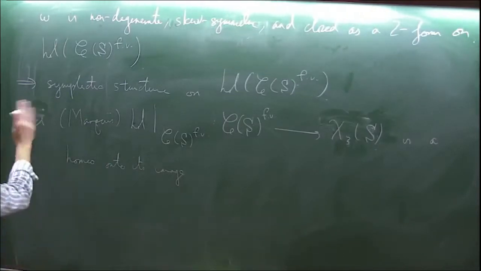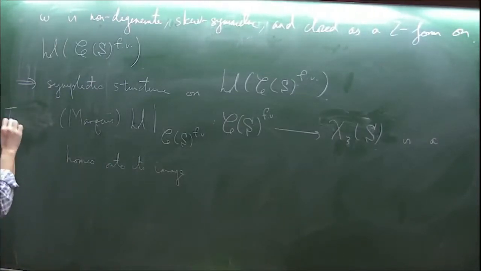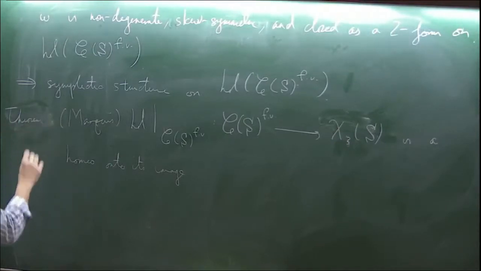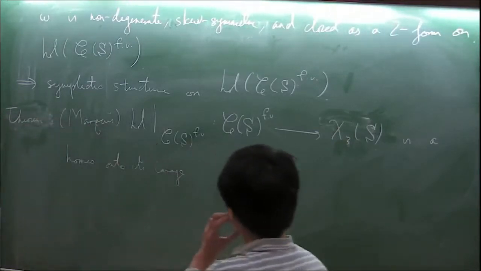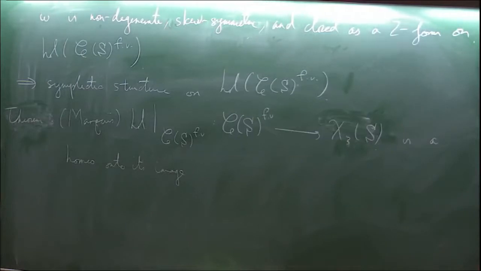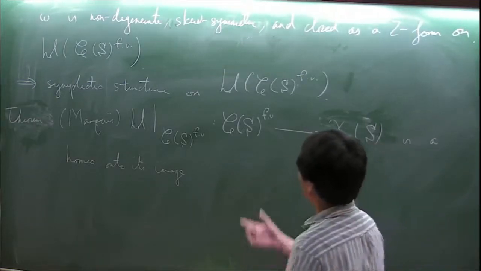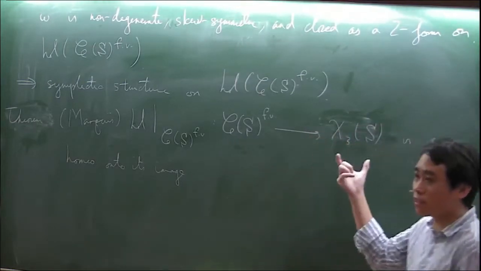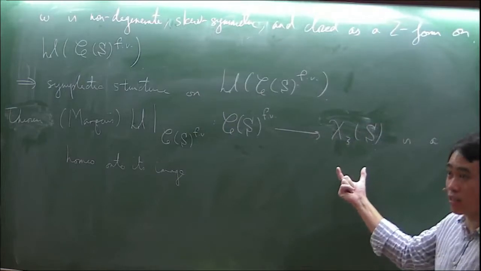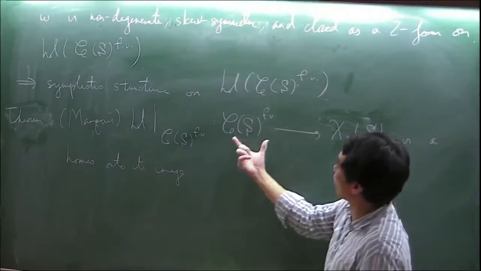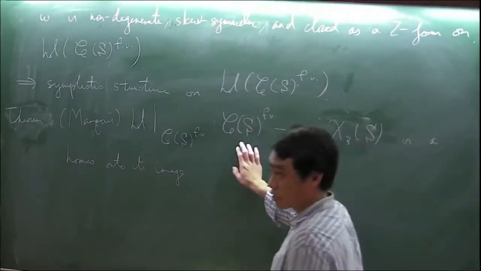Maybe I should call this a theorem, because the continuity of the inverse is not completely obvious. Because of this, you can think of this space as really sitting inside of X3S, and so this procedure defines a symplectic structure on this space.